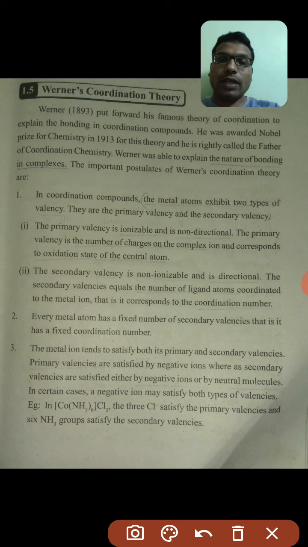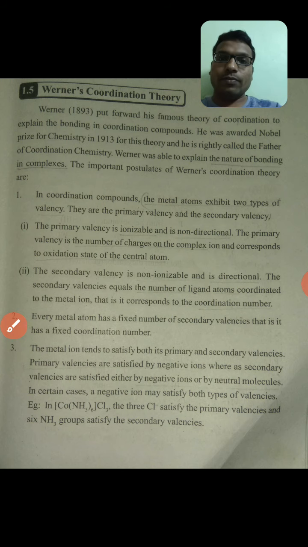The primary valency is satisfied only by negative ions, but the secondary valency can be satisfied by negative or neutral ligands. So the negative ion may satisfy both the primary and secondary valency.